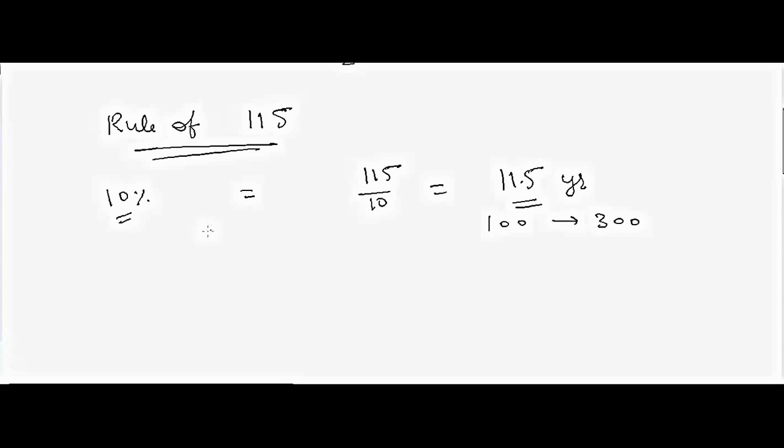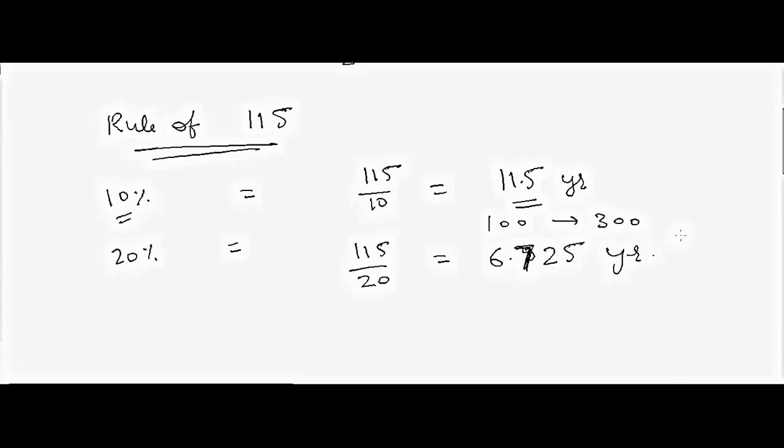And the same way, if it's 20%, then it would be 115 divided by 20, which is equal to 5.75 years.